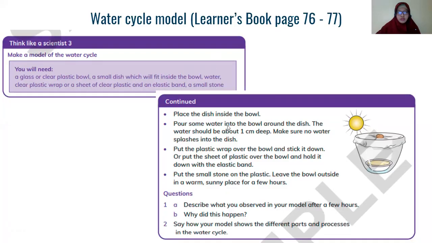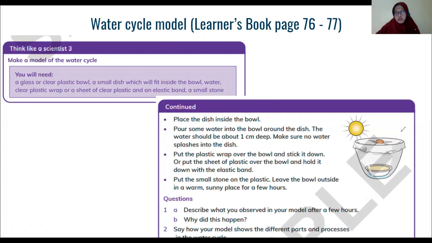And then the water cycle model. For the water cycle model, you can open your learner's book, page 76 to 77. We did this, and you need to set up the tools that you can find in your science kit, and then set up like this.